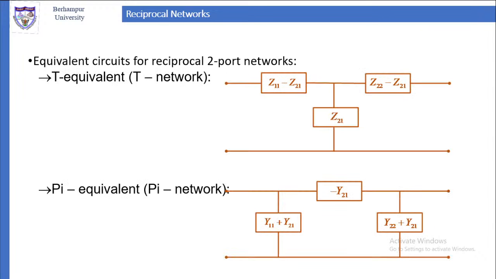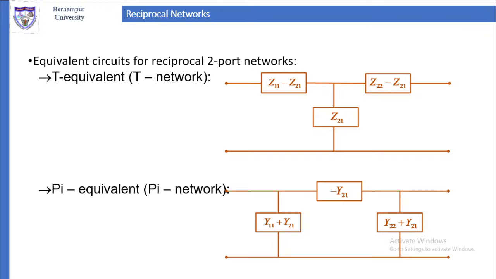T equivalent circuit will be like this. If you have a two-port network, T equivalent circuit will be consisting of two impedances in series, and in between them there is a shunt impedance. The series impedances are Z11 minus Z21 and Z22 minus Z21. In between them, the shunt impedance is Z21.